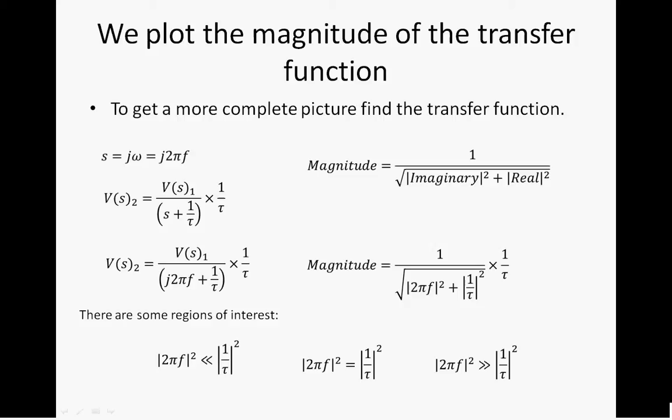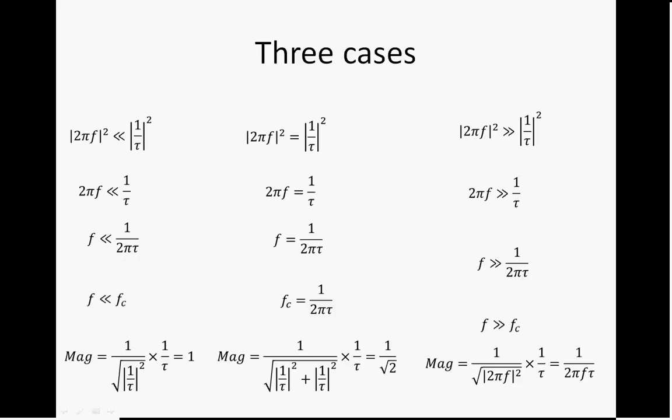Now we do have some regions of interest. One where the frequency or the imaginary component is a lot less than the real. One where they're equal, and one where the frequency component is a lot greater than the real component. In these three cases, you can go through the columns in the notes, and you can see that when f is a lot less than 1 over 2 pi tau, which happens to be the cutoff frequency, the magnitude is 1.